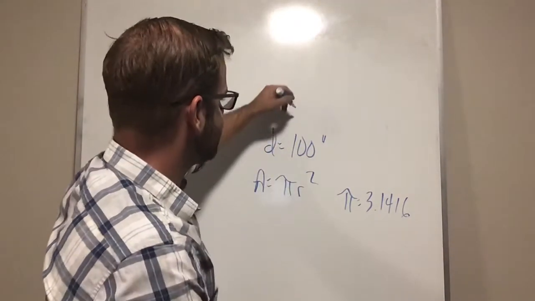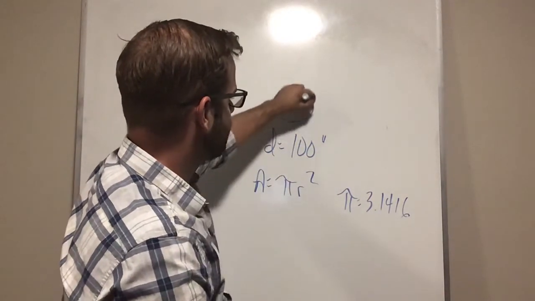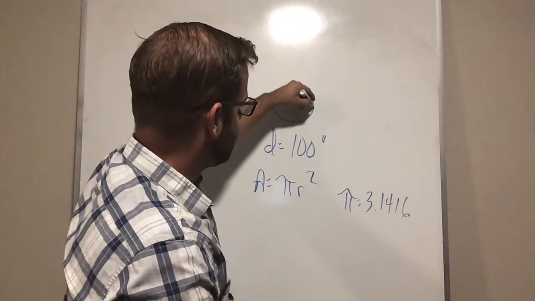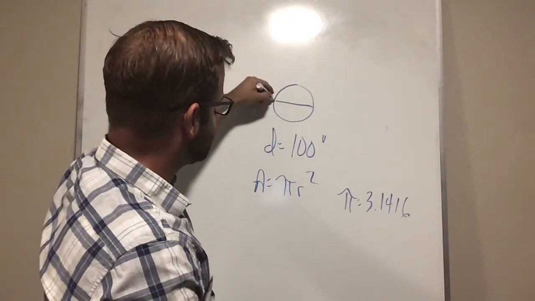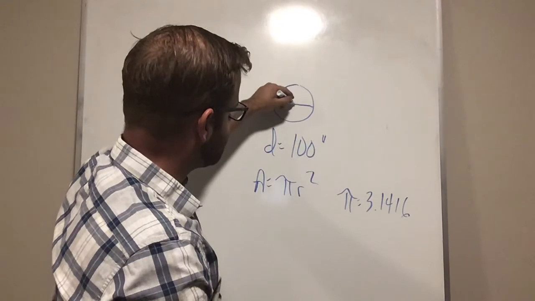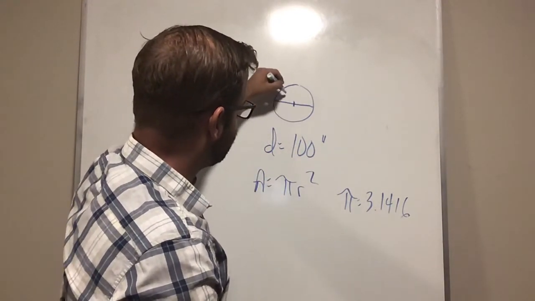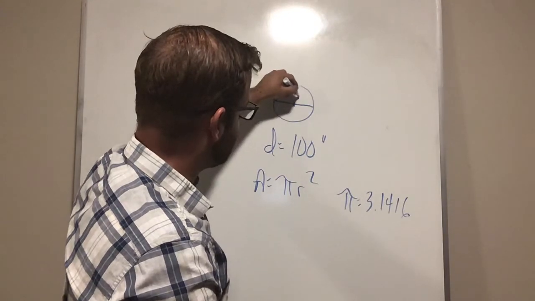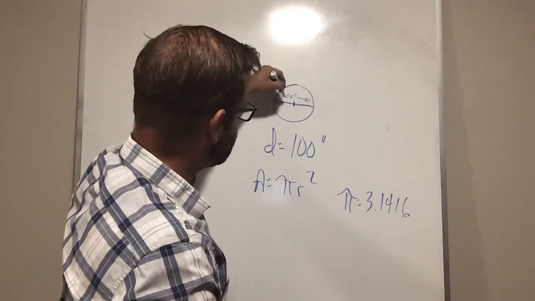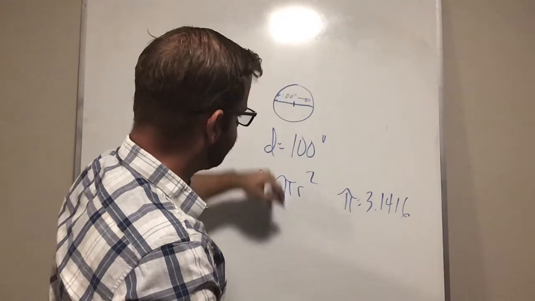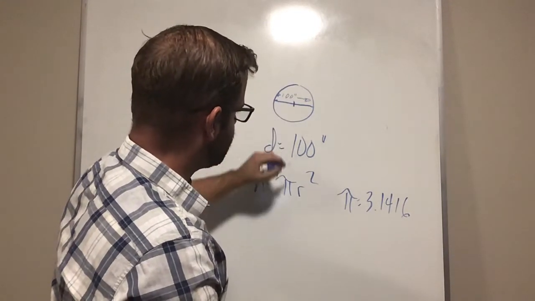If I looked at a circle, the diameter is all the way across, and the radius is half of that. So if this is 100 inches all the way across, then the radius will be half of that, which is 50. So 100 divided by 2 is 50.